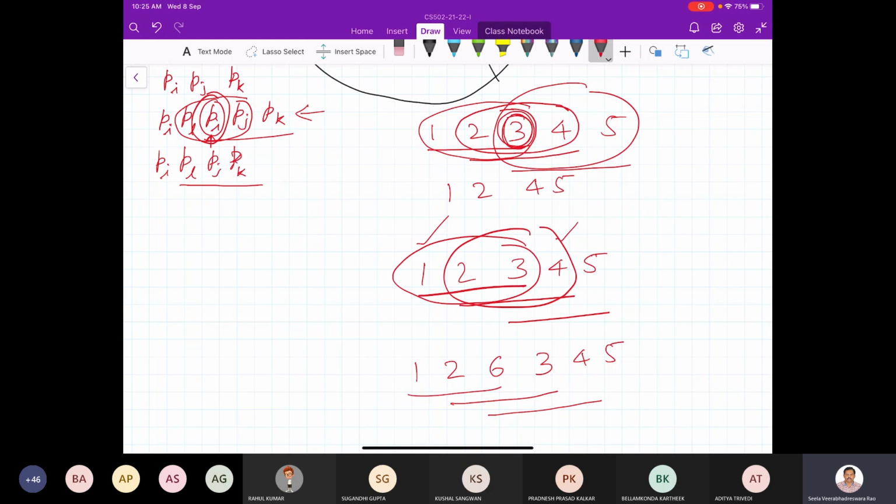Let me ask you one question. All of you are aware of the single source shortest path Dijkstra's algorithm? Has any one of you implemented this algorithm?